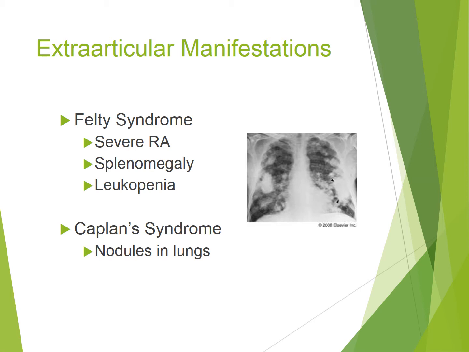So their spleen becomes enlarged. Their white blood cell count drops. And you already know what my concern is with the white blood cell count dropping, right? Infection. Then I get these nodules in my lungs.